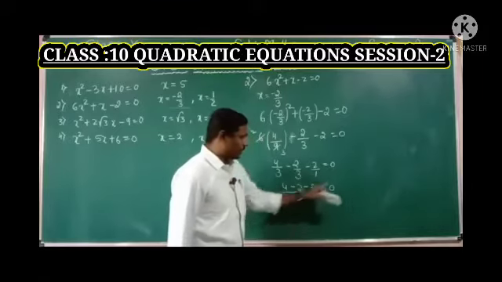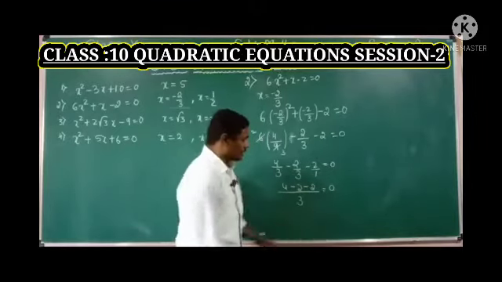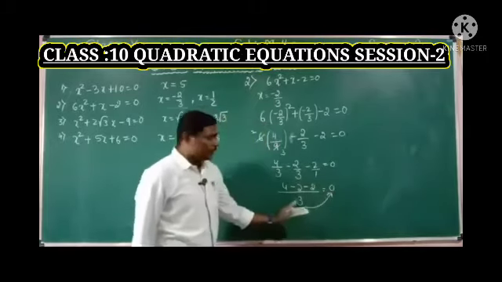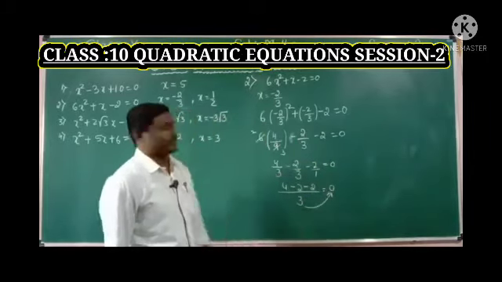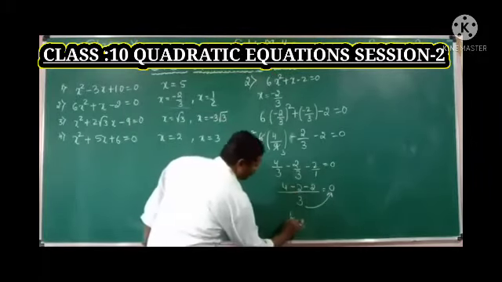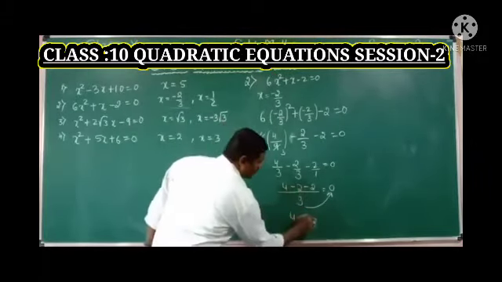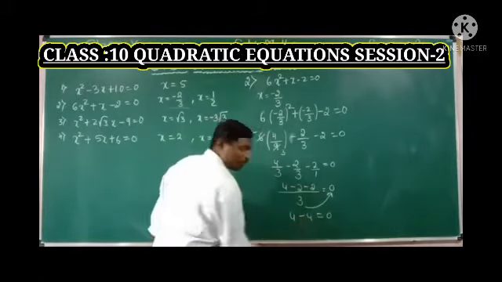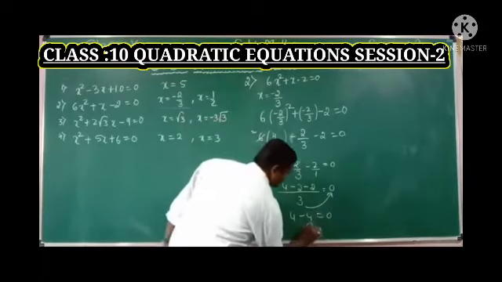Now cross multiplication: 3 into 0 is 0, just multiplying the 3 to the other side. So minus 4 plus 4 becomes 0.